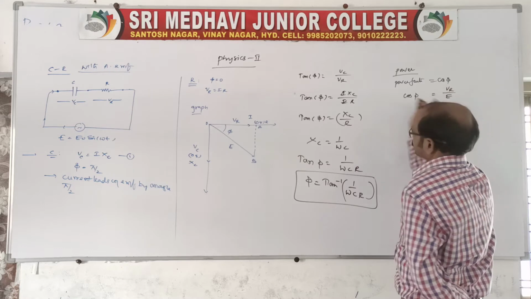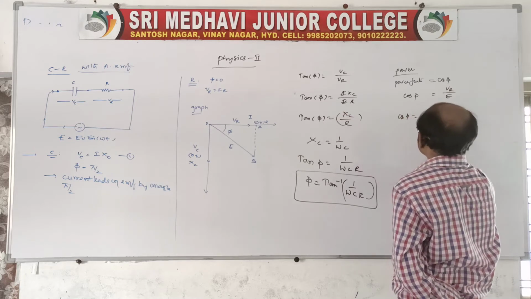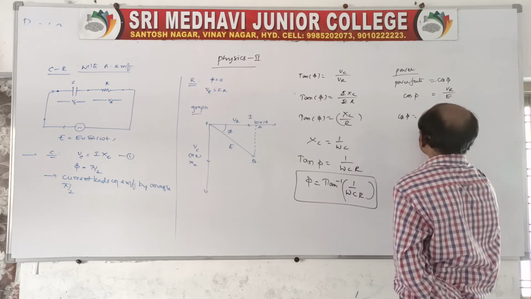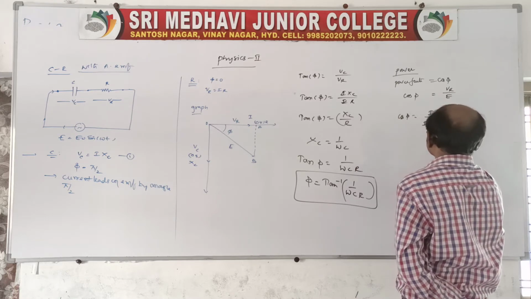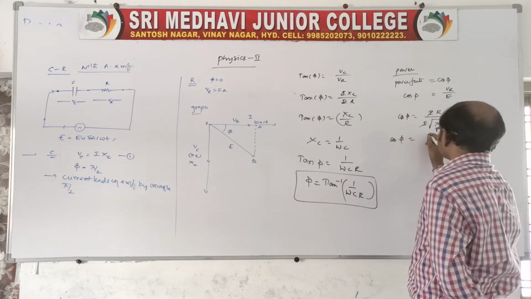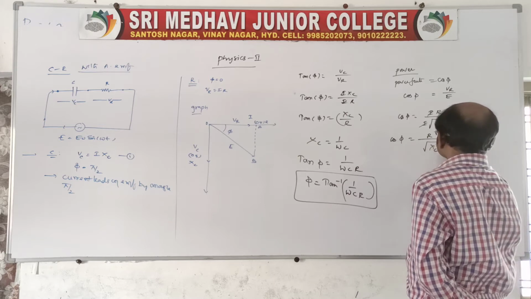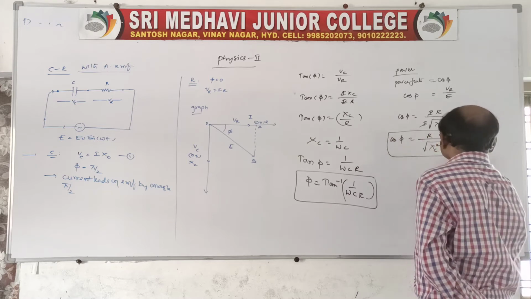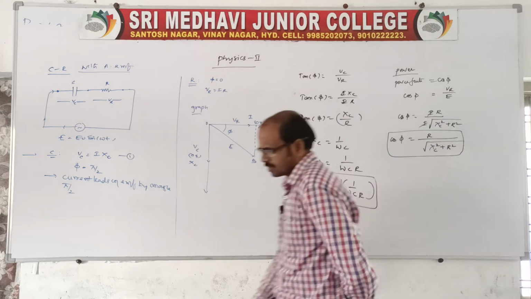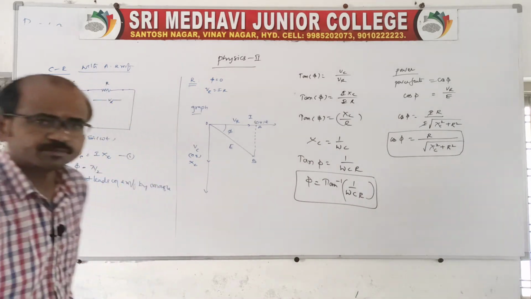So, VR is I into R, by E, which is I into root over XC square plus R square. You cancel this, and power factor is equal to R by root over XC square plus R square. This is about the power factor, clear.